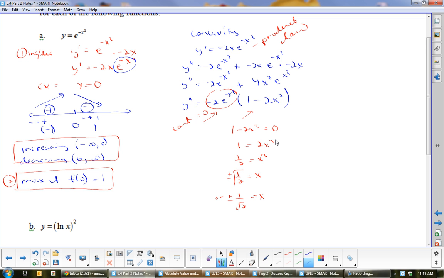So let's test for critical values. I have negative 1 over root 2 and 1 over root 2. I used negative 10 here.